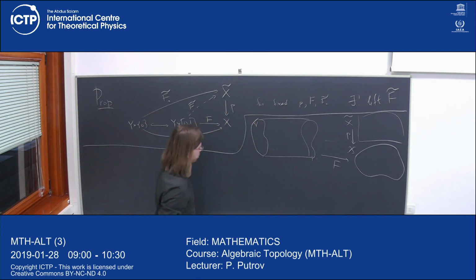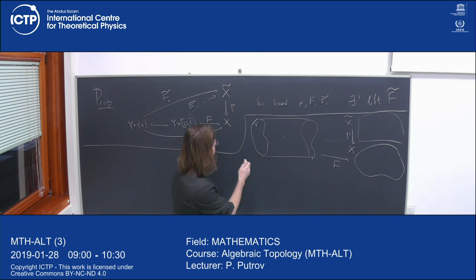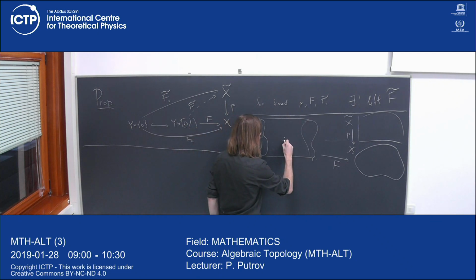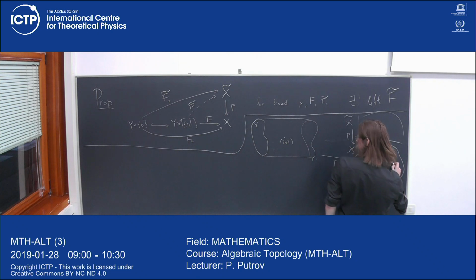So what we did, we chose a certain point in Y times interval, which we denoted by (y0, t), and it mapped to f(y0, t).